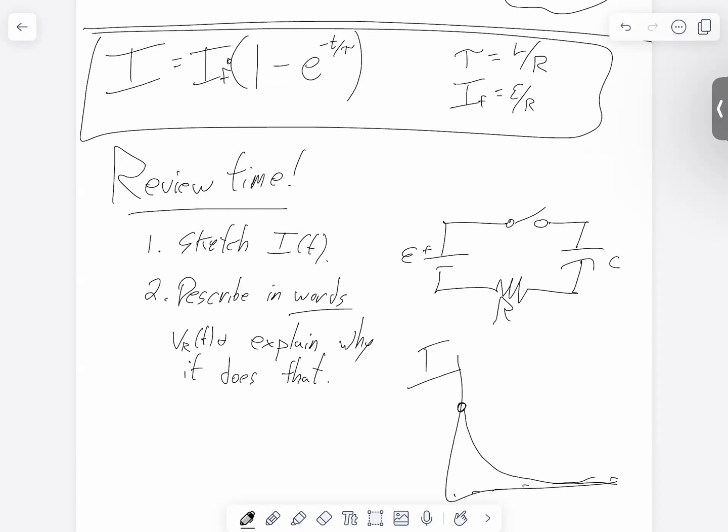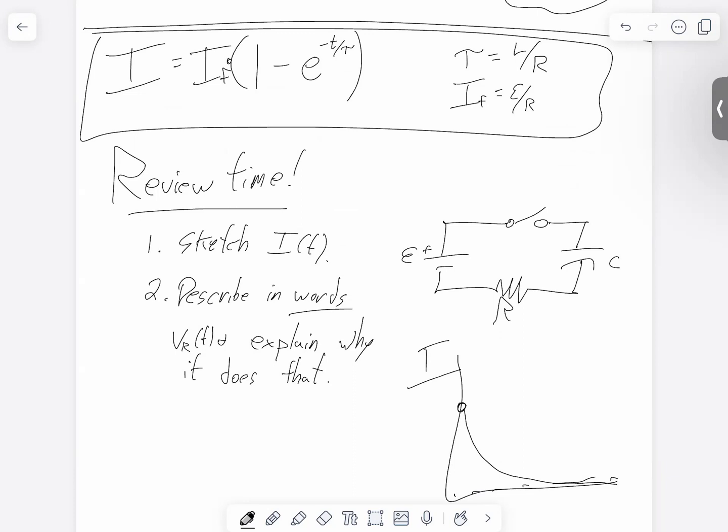Okay, so the shape of current is... How do I know that it starts steep and shallows? What happens to a capacitor when I hook it up to a voltage source? Is it initially easy to pump electrons on or hard?